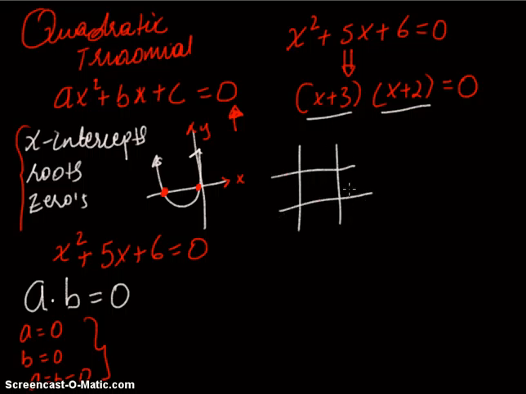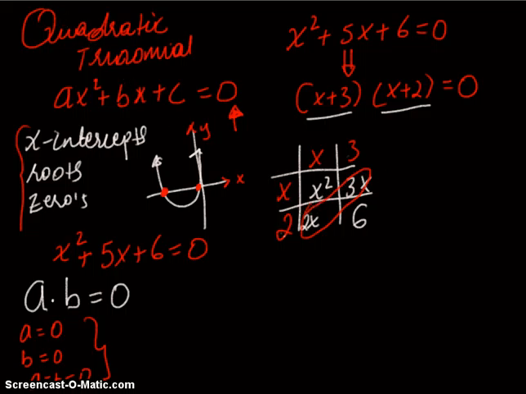Let's go ahead and put the two values up there. We got x here, we got 3, and then here we got x and 2. Now when we multiply these two, we get x times x is x squared, x times 3 would be 3x, 2 times x would be 2x, 2 times 3 would be 6, and then we do have two like terms in this case, which is 2x and 3x.